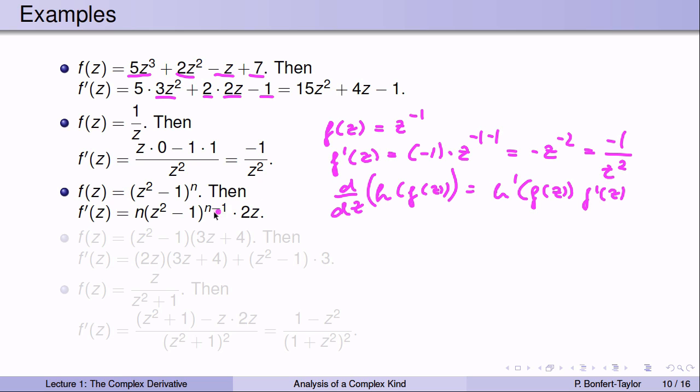So we need to find the derivative of the outside function, which is the function that raises its argument to the nth power, the derivative of that is n times the argument to the n minus first power, and then multiply that by the derivative of the inside, the z squared minus 1. But the derivative of z squared minus 1 is 2z. Therefore, the derivative in this case is n times z squared minus 1 to the n minus first power times 2z.